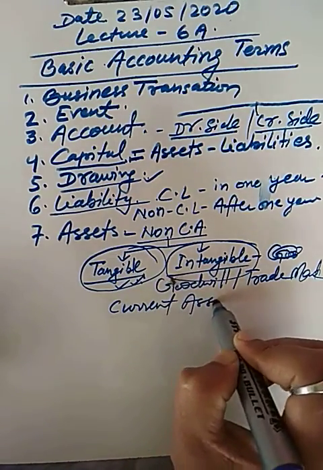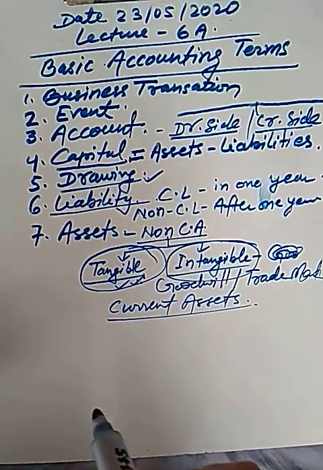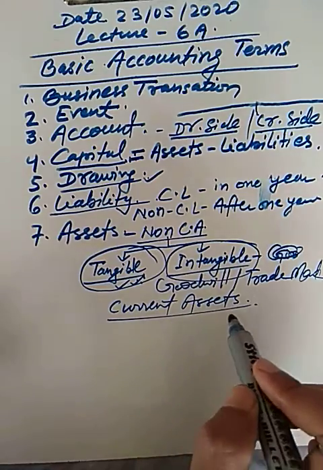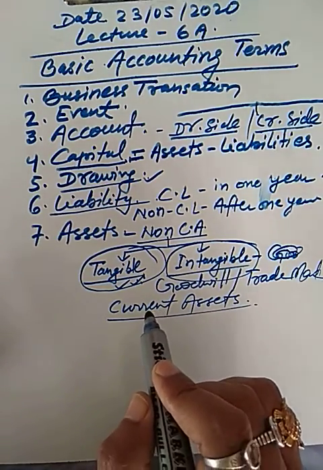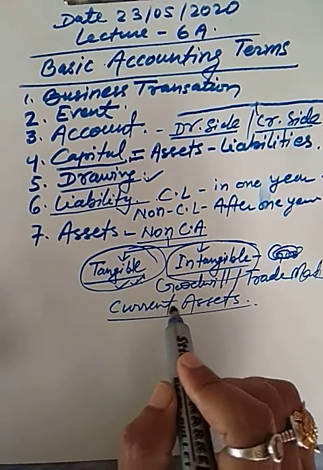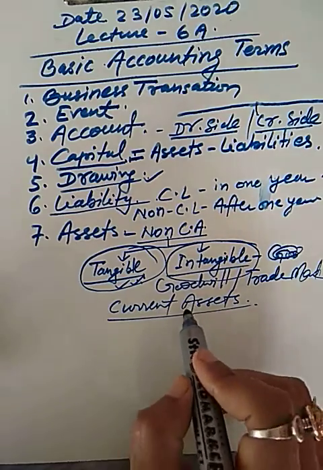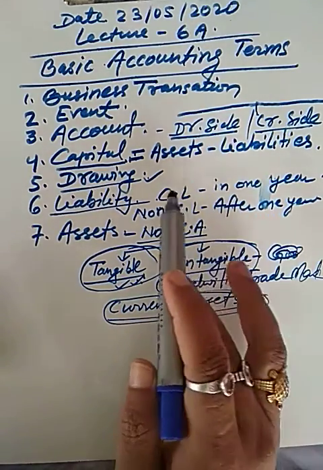Now, second is current assets. Current assets are those assets which are meant for sale or which the management would want to convert into cash within 1 year. Just like current liability.